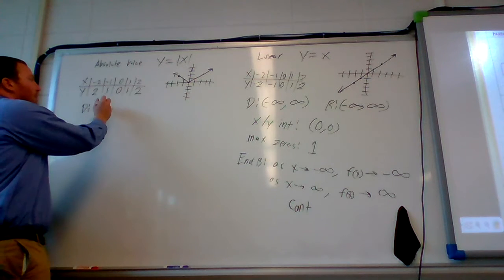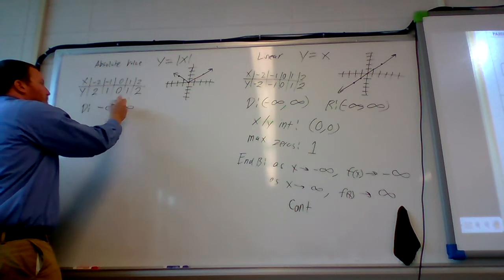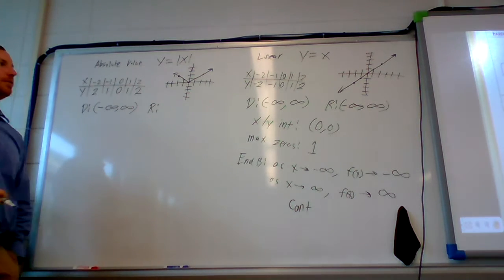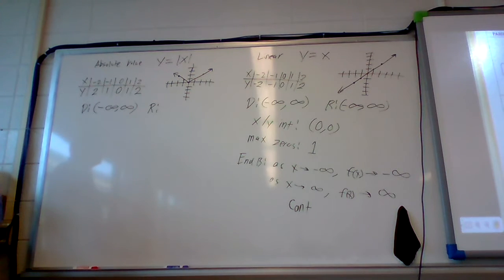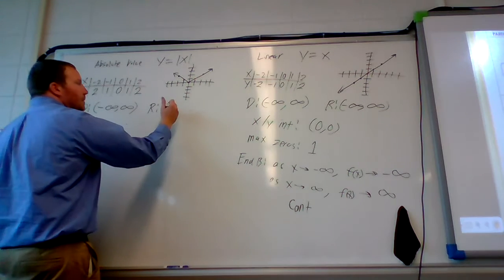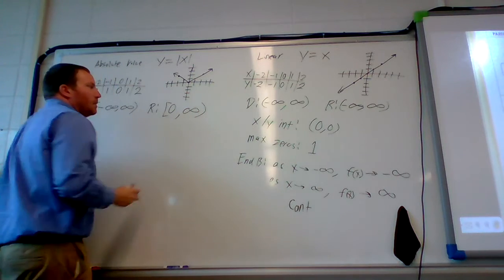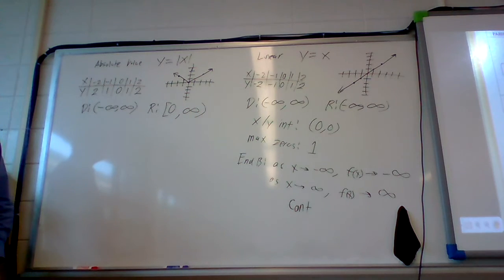Negative infinity to positive infinity. Our range, however, has changed. What is our range now? 0 to infinity, and we include 0, so we're going to put a bracket around it. And of course, going to infinity, always put that parentheses.